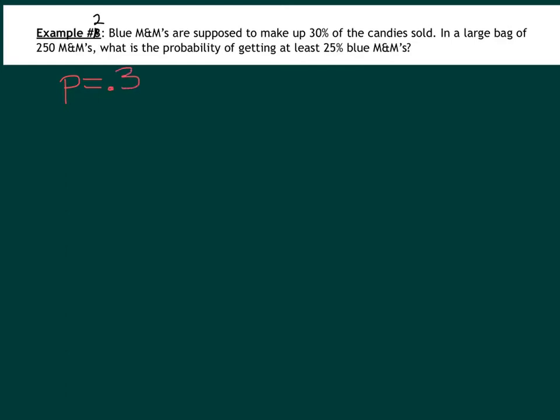That is my population proportion. So then this 25% here is going to represent my sample proportion. I want 25% or more, so I'm going to use P hat for that one. And don't let the "at least" confuse you in the beginning.